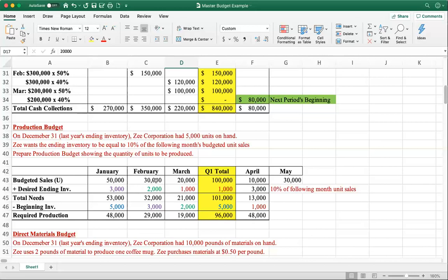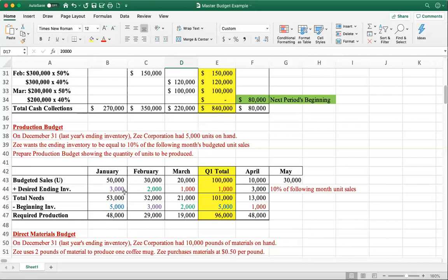Right now you come back to February, same thing, you add them together, 30 plus 2, 32, and then you have a beginning inventory 3,000. Remember, the beginning inventory of this period is the ending inventory of the last period. Just like the 5,000 units in January was coming from December's ending inventory, the 3,000 units here in February in the beginning inventory are coming from January's ending inventory, which looks right here.